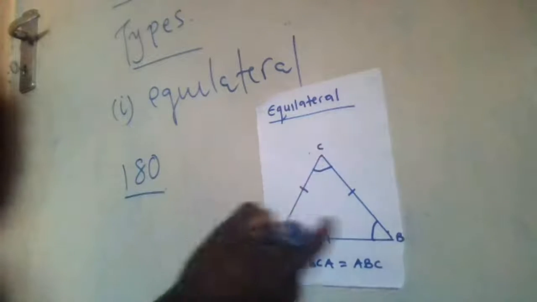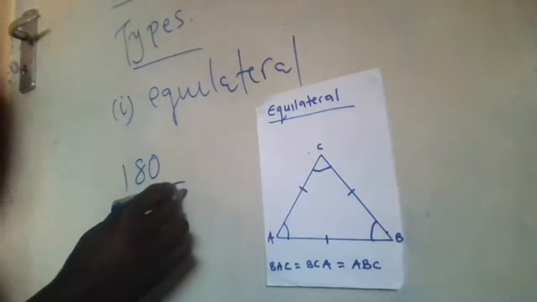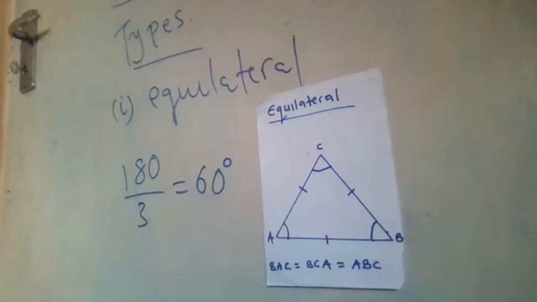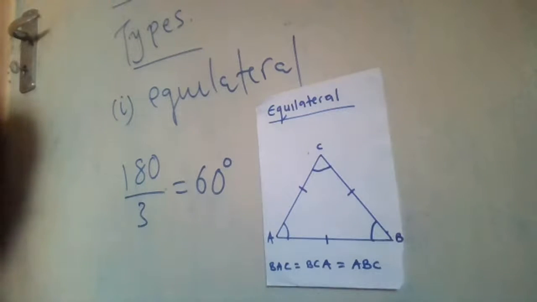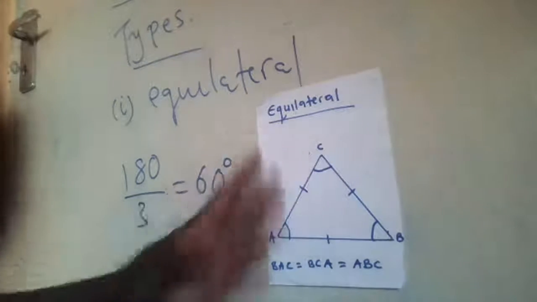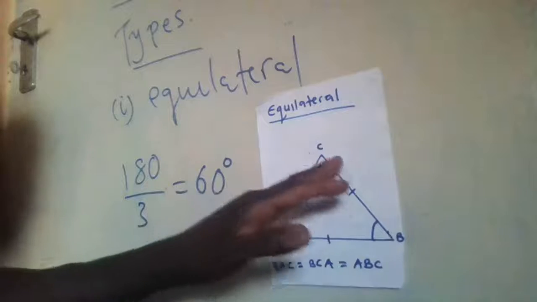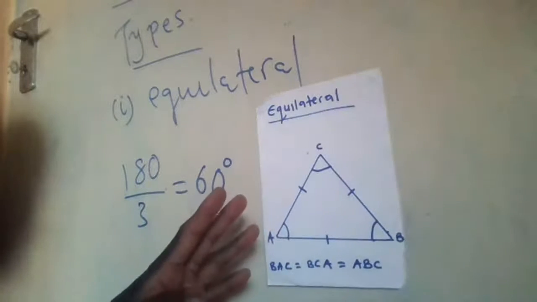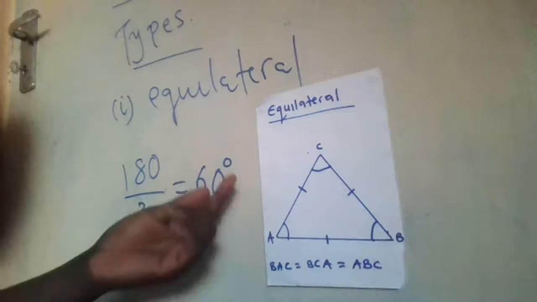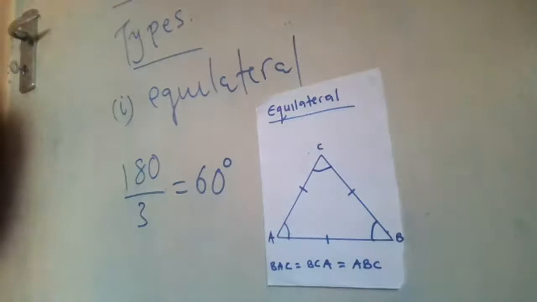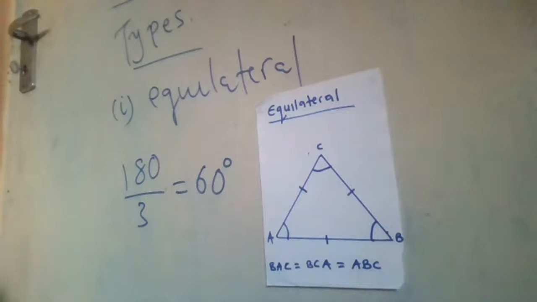But because there are 3 equal sides, each angle inside of an equilateral triangle must add up to 60. Regardless of the type, the sum of the interior angles must be 180. But we're saying that these 3 are equal, so just divide by 3 to give us 60. So here there's 60, 60, 60 giving us the total of 180. First one, equilateral.